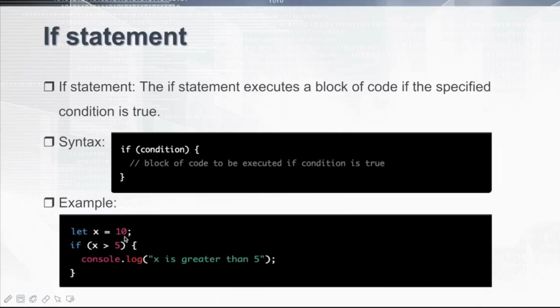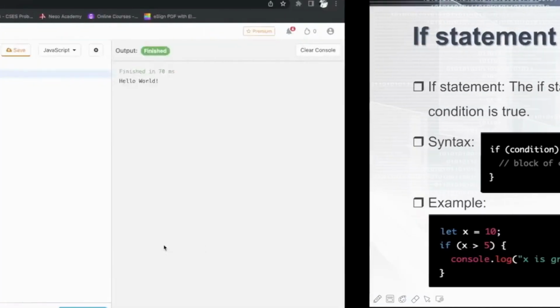In this case, we have this example. Say let x is equal to 10, and we say if x is greater than 5, then console.log x is greater than 5. Let's run this code and see what happens.